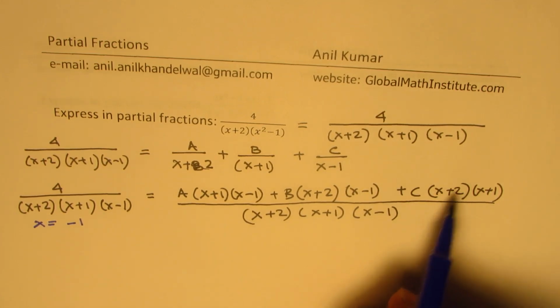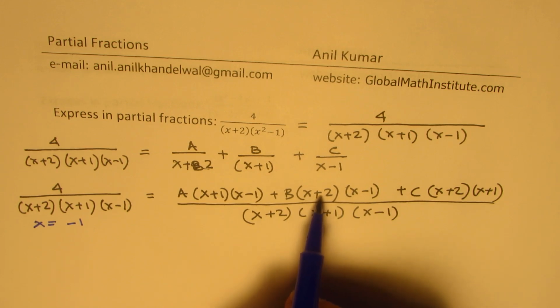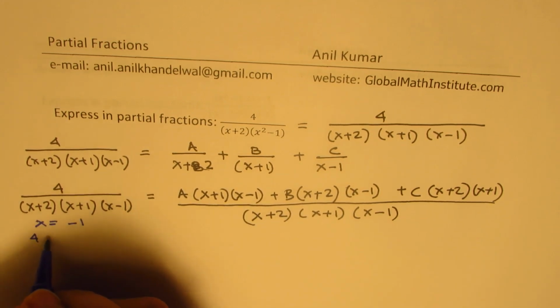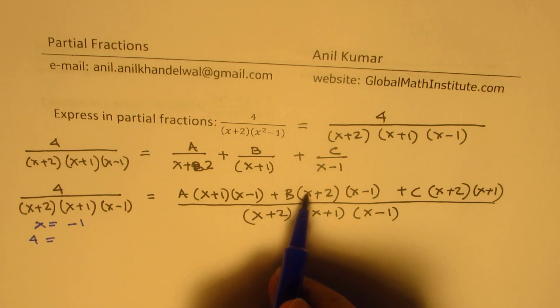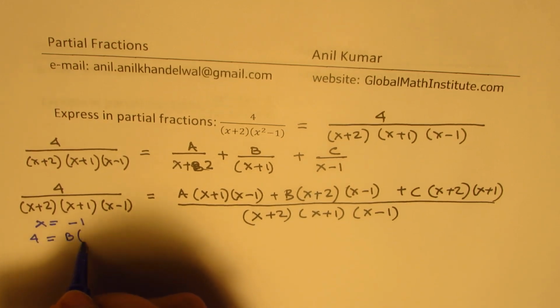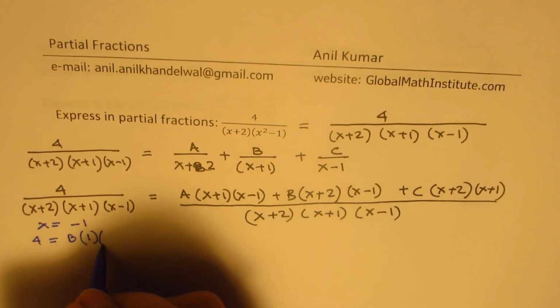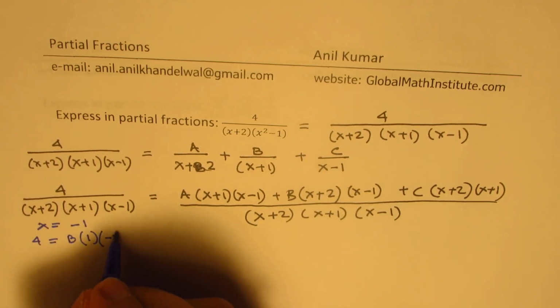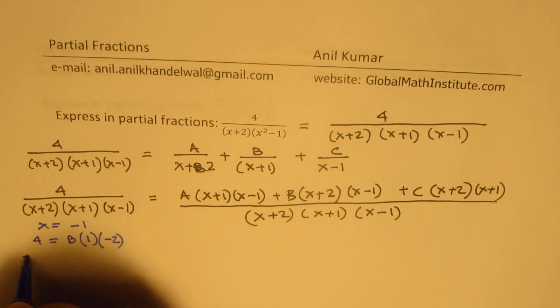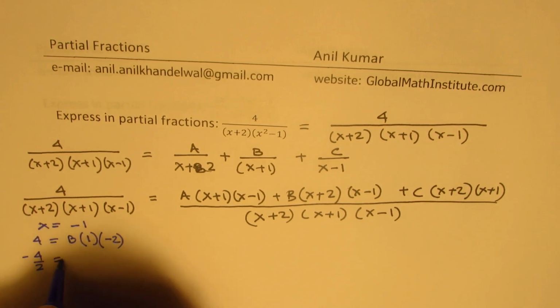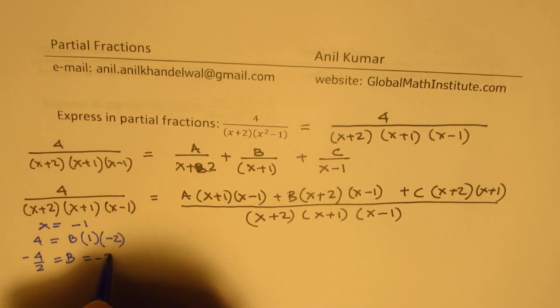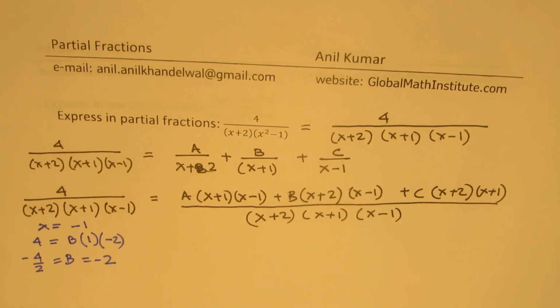The last one is 0. We are left with the value of b, right? So we get 4 equals 2 minus 1 here will give us b times minus 1 plus 2 is 1 times minus 2. And that gives you the value of minus 4 over 2 for b. So b is minus 2 for us. Clear?